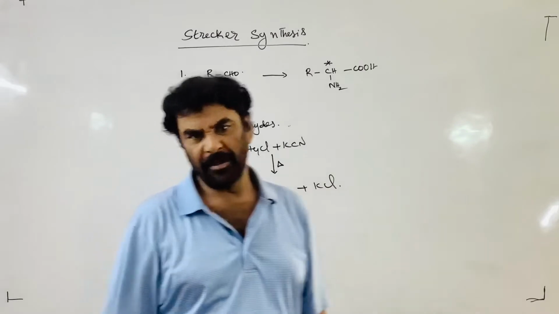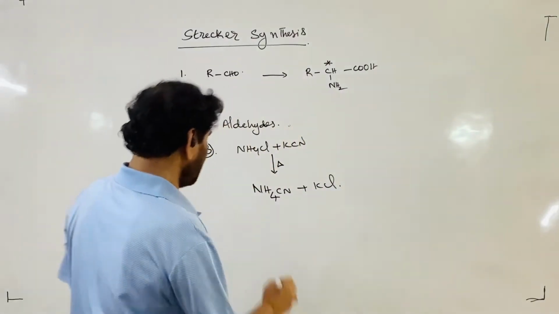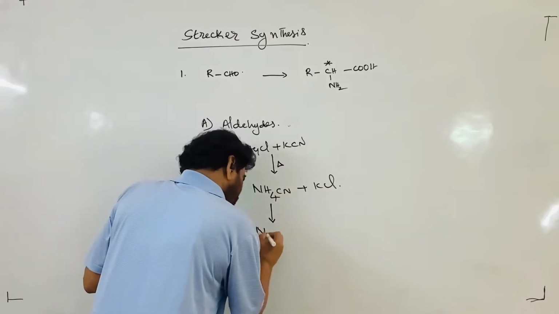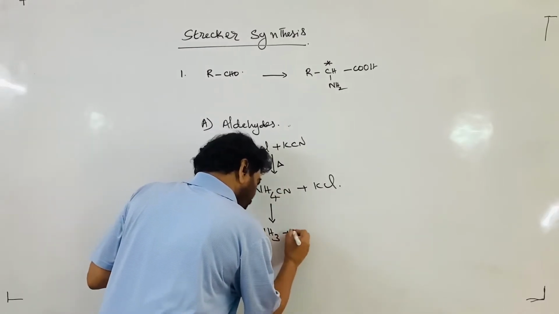Thermal double decomposition. This ammonium cyanide is unstable. It decomposes into ammonia plus HCN.